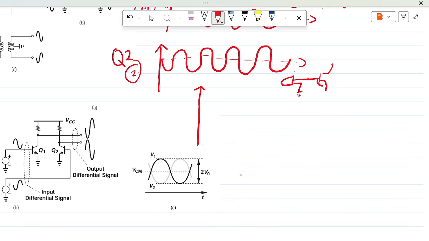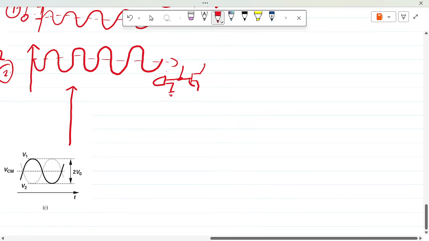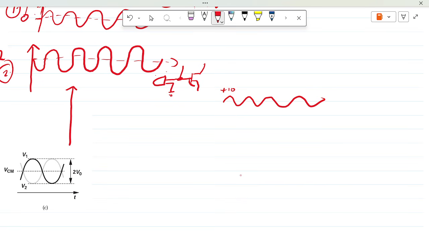So we want to create a bias voltage, with the signal coming from the microphone superimposed on top of it. So the voltage coming out from the microphone, our estimated pure sinusoid of plus or minus 10 millivolts, is superimposed with a bias voltage at a DC level of 700 millivolts.